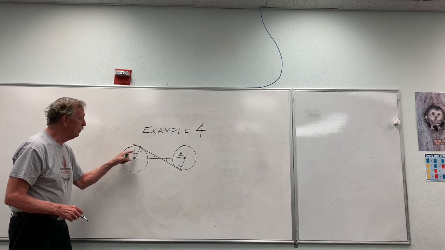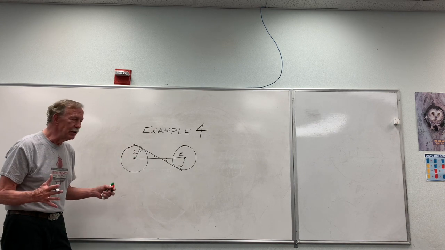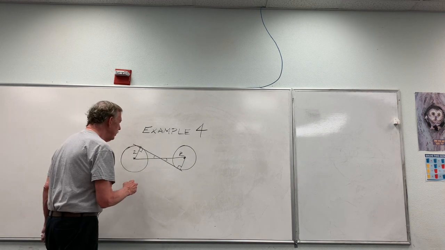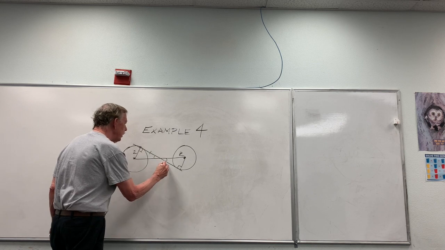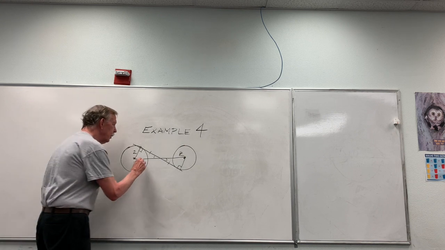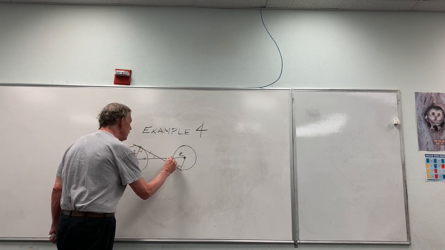Angle, angle, side. And that means all the pieces are equal. So if we know this piece, then we know this piece. If we know this piece, then we also know this piece.